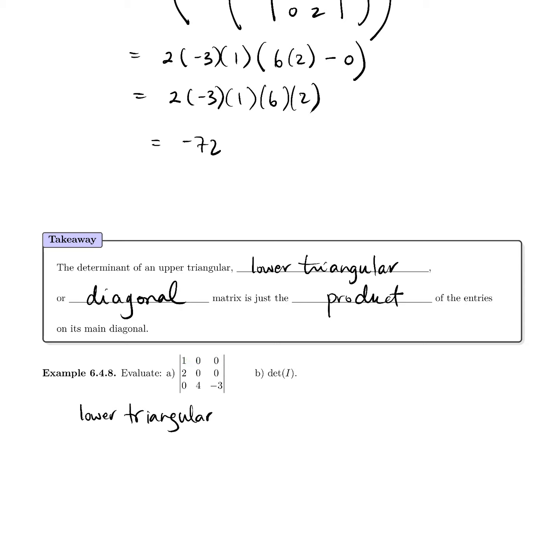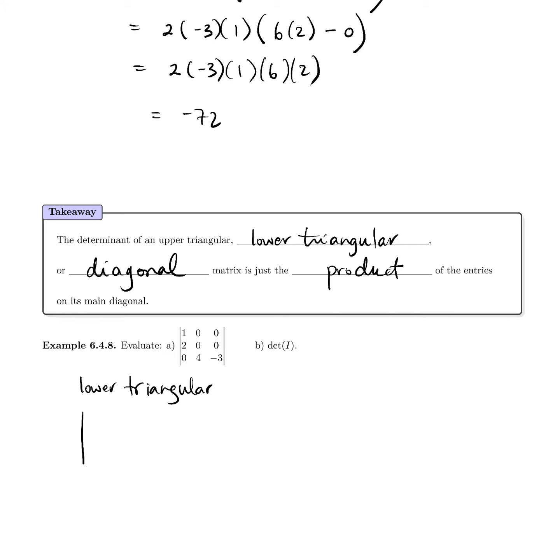So this lower triangle is going to act exactly like the upper triangle did, in that the determinant is going to be the product of the entries along the main diagonal. So let me write this down. 1 times 0 times minus 3, or just 0.